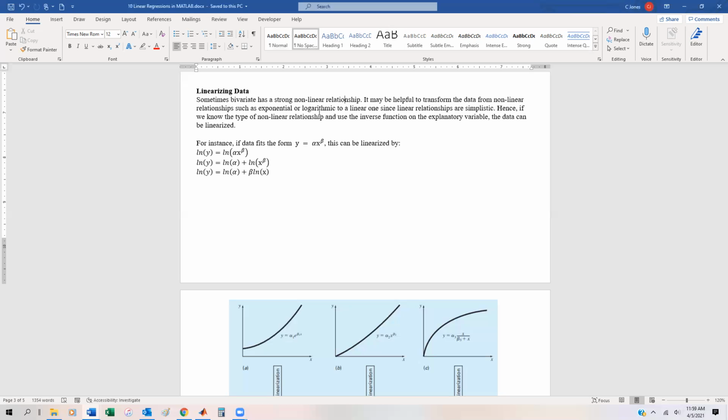So let's say we know what type of nonlinear relationship we're working with, and we know a decent model to try to model that nonlinear data. Then what we can do is use an inverse function on the explanatory variable, and then do some algebra to isolate that variable after we've hit it with the inverse function.